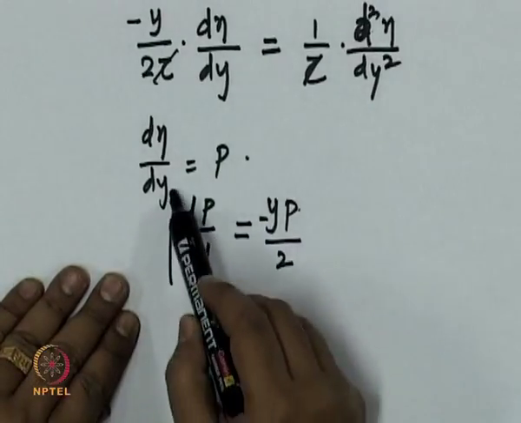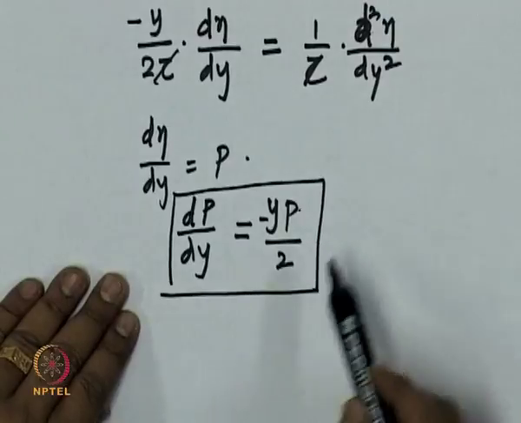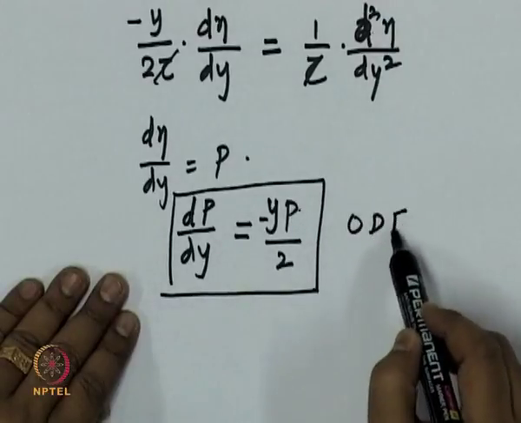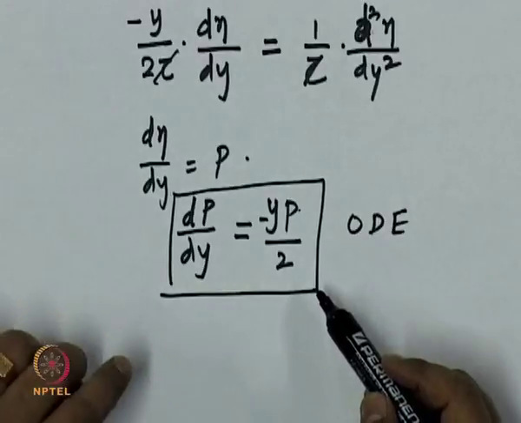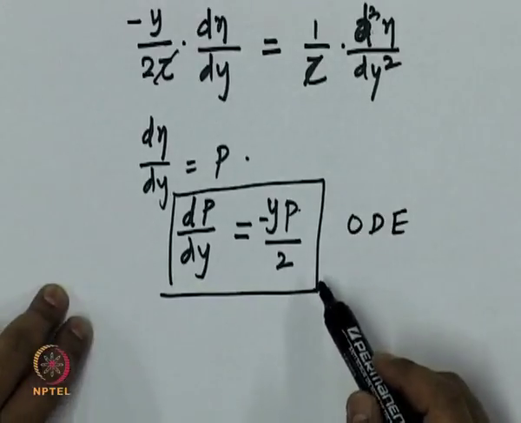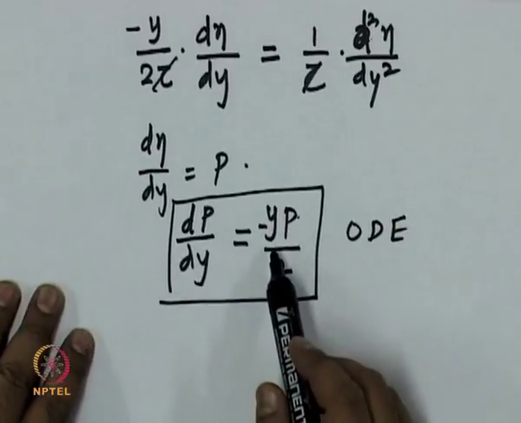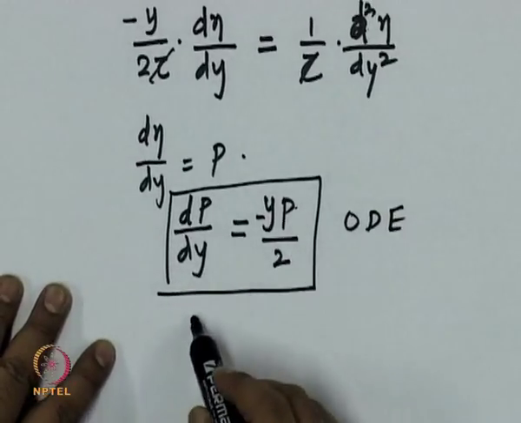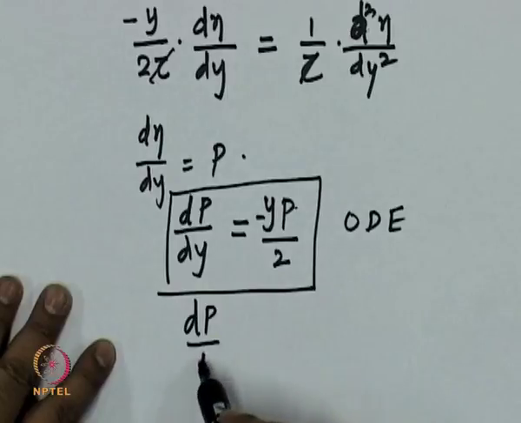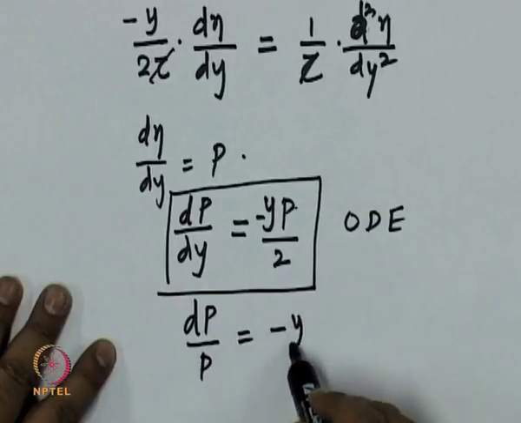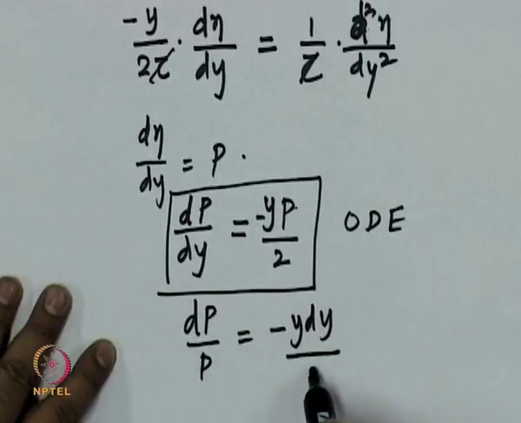So, we have ended up with an ODE from the PDE that we started with. Now, this can be integrated. So, let us integrate it: dp/p is equal to minus y dy by 2.